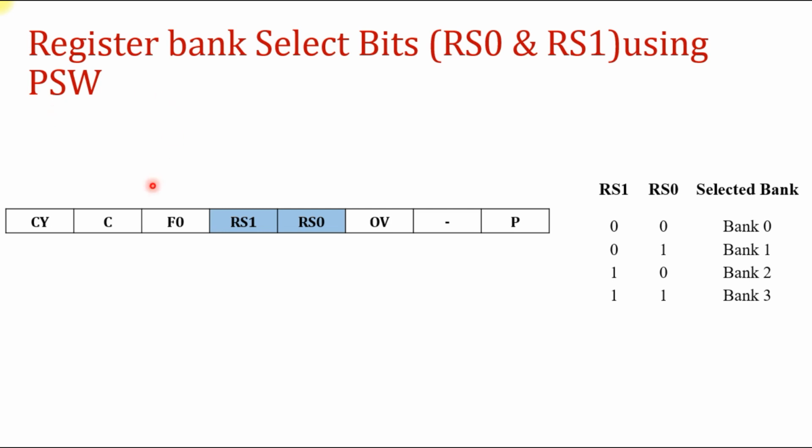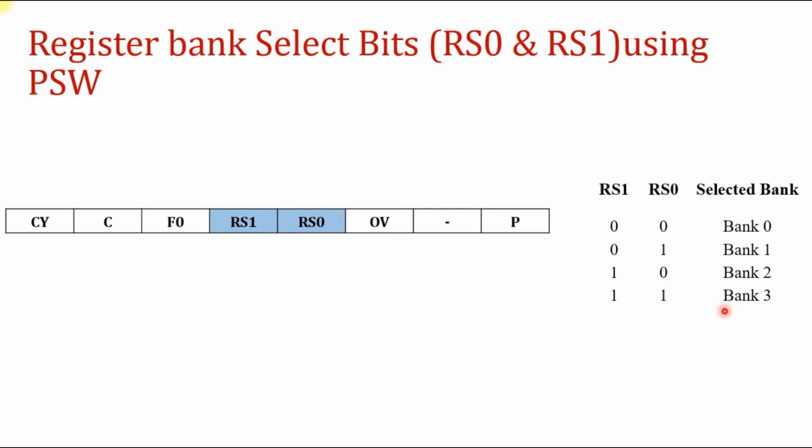It has 2 bits for register selection, RS0 and RS1, in the D3 and D4 bits of the PSW register, which provide the selection of the register bank. If you set 00 here, bank 0 will be selected. 01 means bank 1, 10 means bank 2, and 11 means bank 3 will be selected.